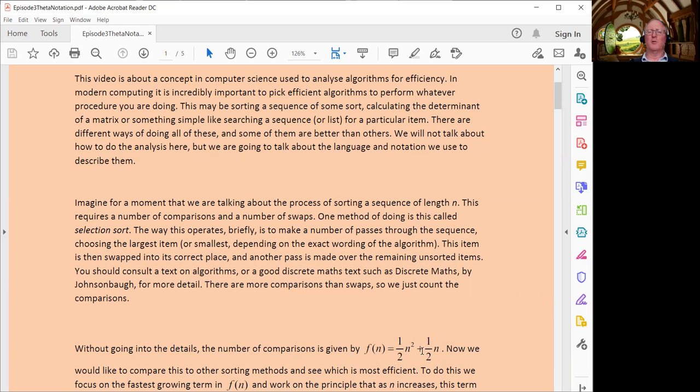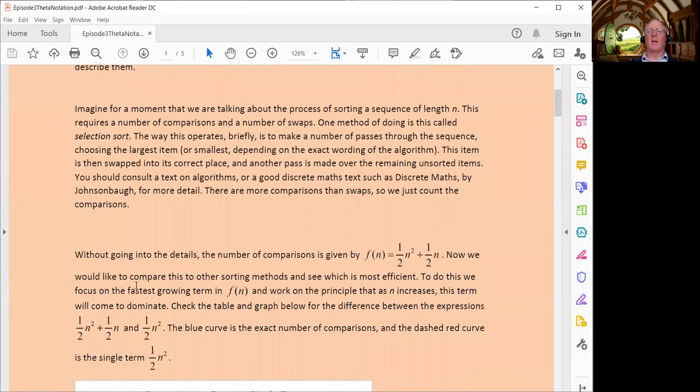Okay, if you sort using selection sort a sequence of length n, you will make a half n squared plus a half n comparisons. And we would like to compare this to other sorting methods and see which is the most efficient. Well, to do this, we focus on the fastest growing term in f of n, and we work on the principle that as n increases, this term is going to come to dominate.